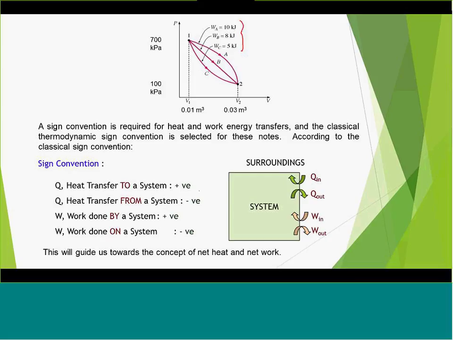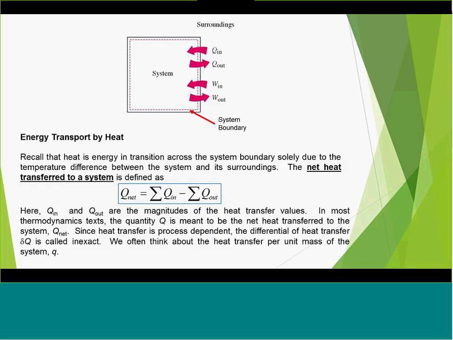So you need the classical thermodynamic sign convention. This will be a guide for the magnitude. When we do the calculation, sometimes the value is going to be positive, sometimes negative, and that is going to have a significance. We're going to find out later on.